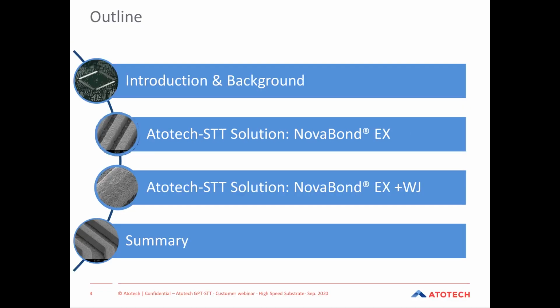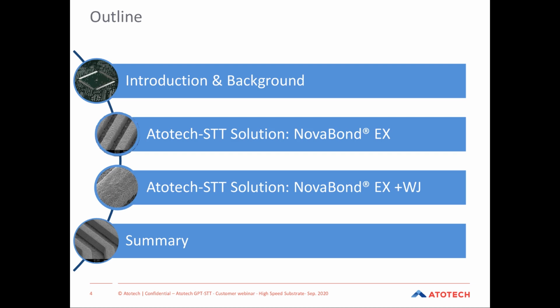I would like to start my presentation by giving you some introduction and background on why we are doing this, what we are targeting in terms of different kinds of roughness and materials, and for what kind of application. Next, I would like to follow with what Atotech STT can give you as solutions.